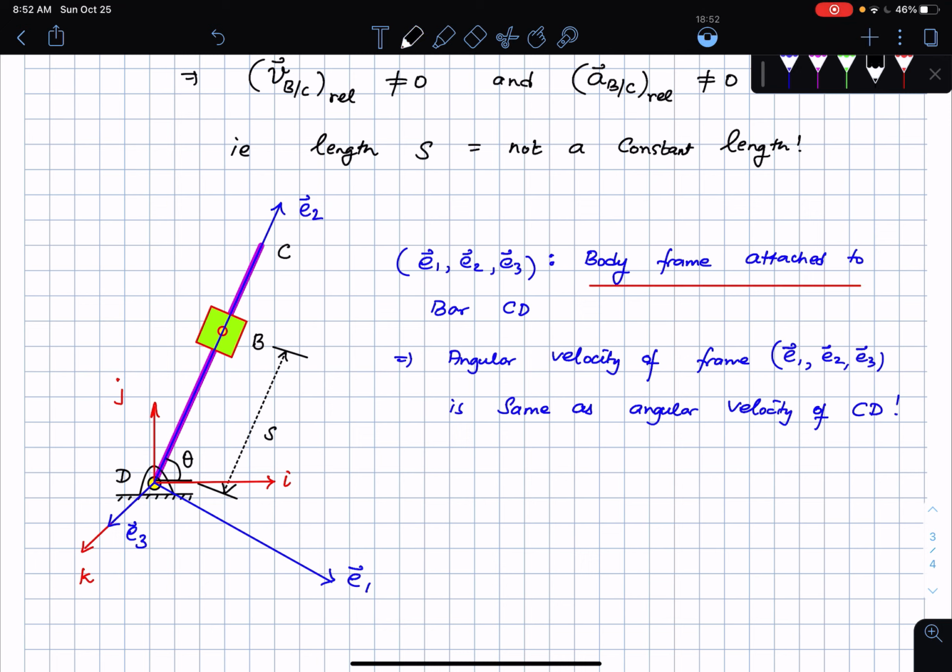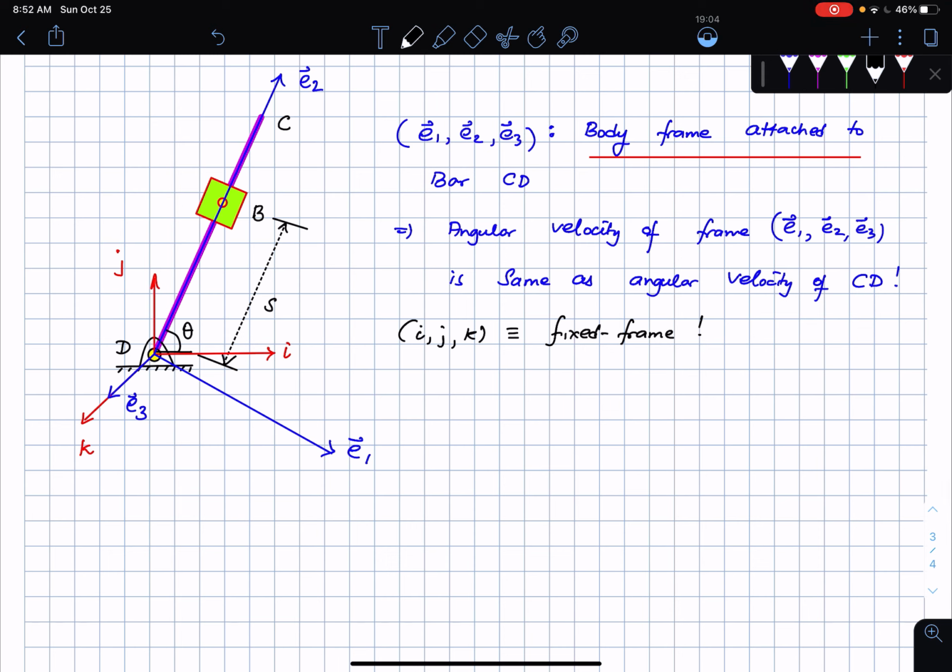The frame IJK is a fixed frame. Both of them are triads, of course. So I still have that omega of the E1, E2, E3 frame is the same as omega of CD. And then if you want, you can write that the omega of the IJK frame is 0, because it's a fixed frame.